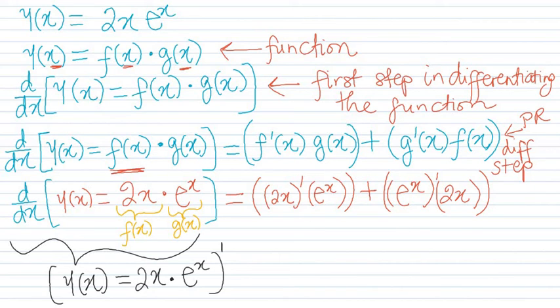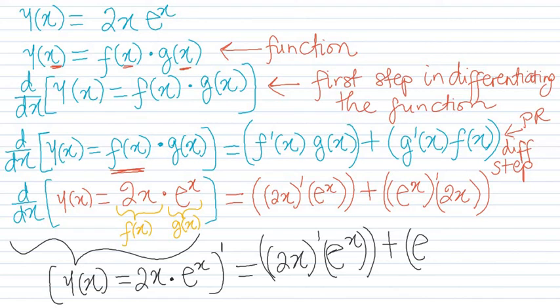When you see it between functions, a dot is just telling you multiplication, because in elementary school and high school we tend to use a cross, like an X sign. But when you're using so much x in calculus, putting in that multiplication sign is going to cause confusion. So you just use a dot, and that's what the majority of professors use. So that is that. This is the same thing as saying 2x prime e to the x, plus e to the x prime multiplied by 2x.